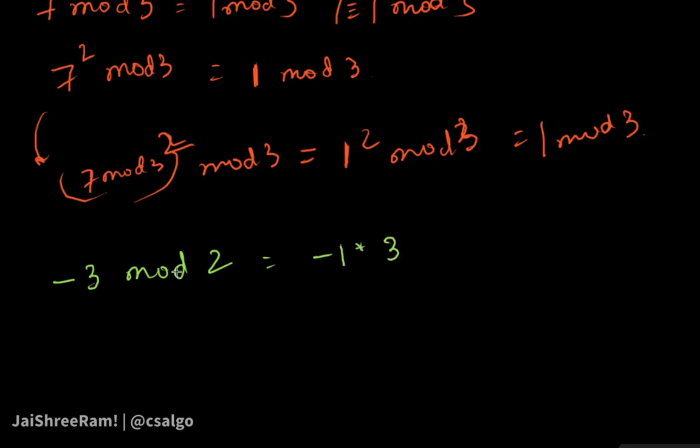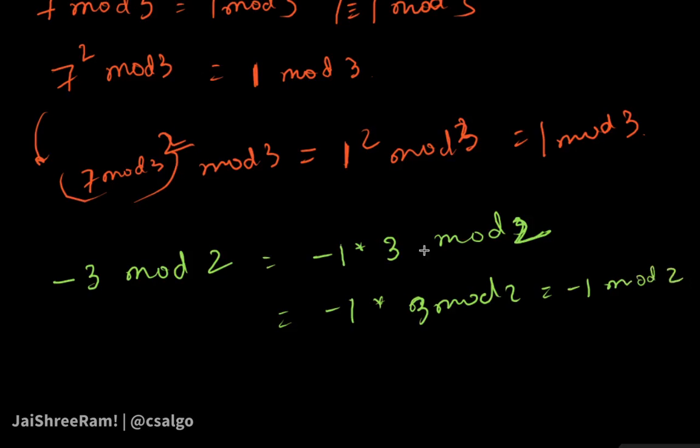Let's keep the minus 1 for now. So this is the same as minus 1 times (3 mod 2), and that is a positive number, so it's easy to find, that's 1. So this is minus 1 times 1, which is minus 1 mod 2.